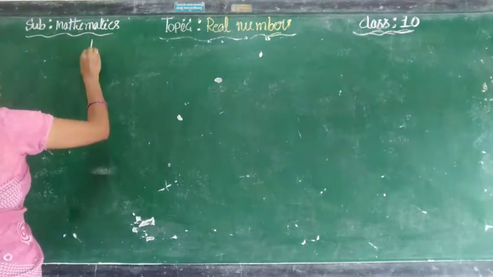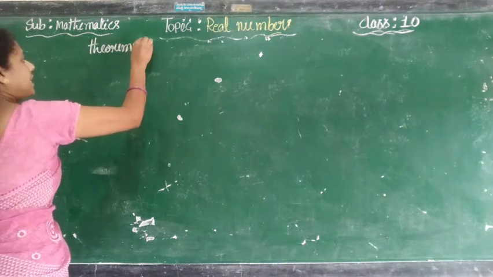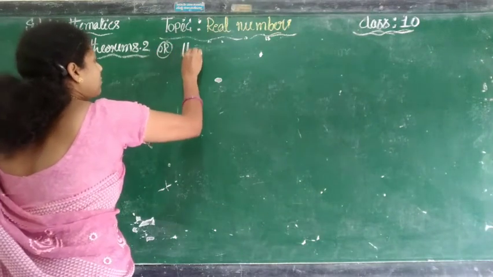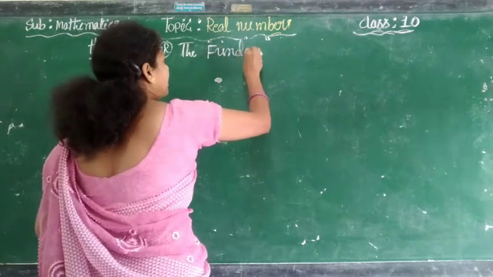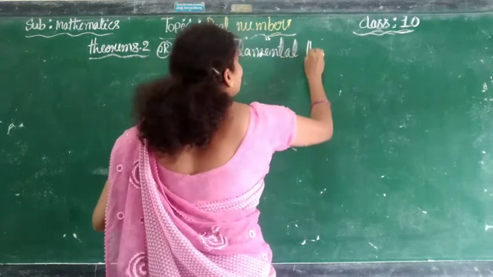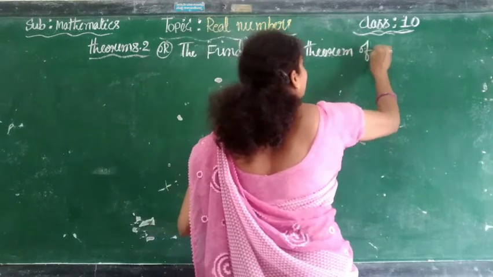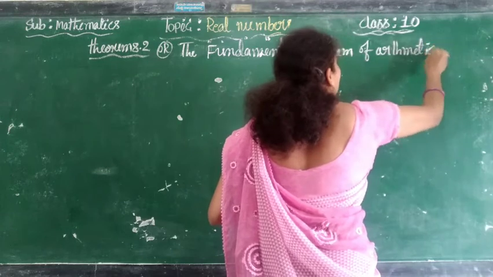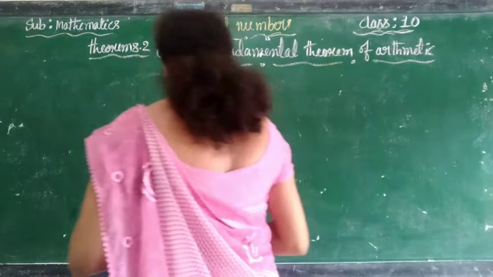Theorem 8.2, the fundamental theorem of arithmetic.